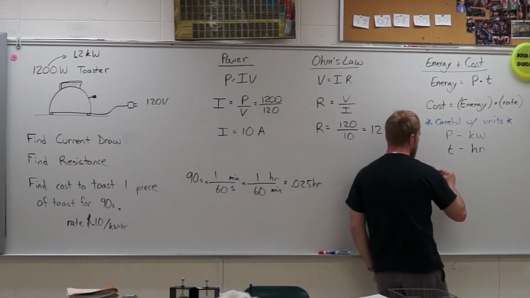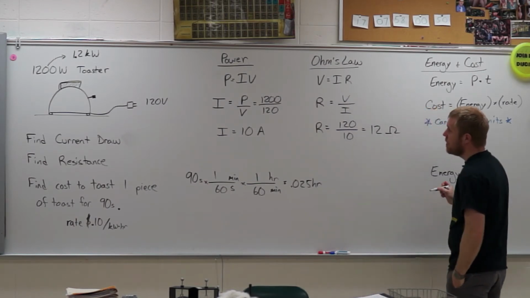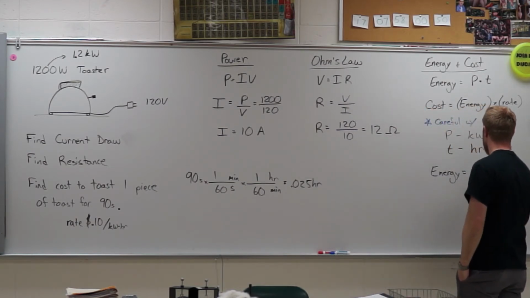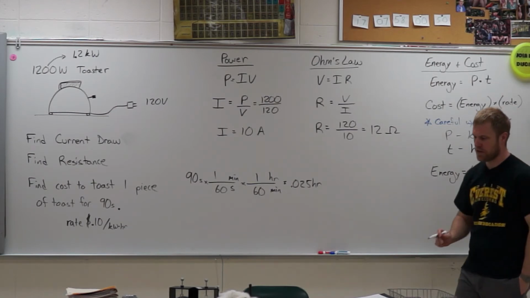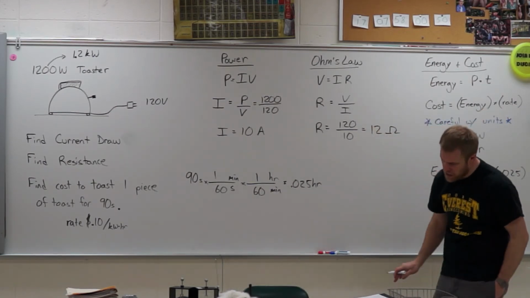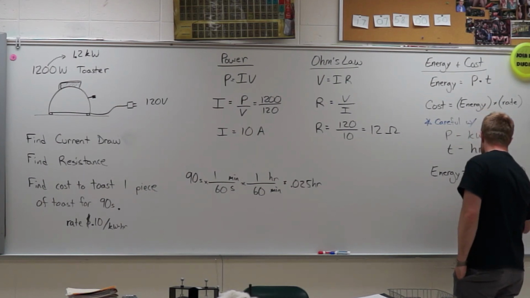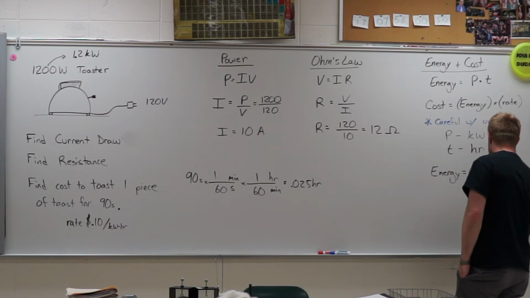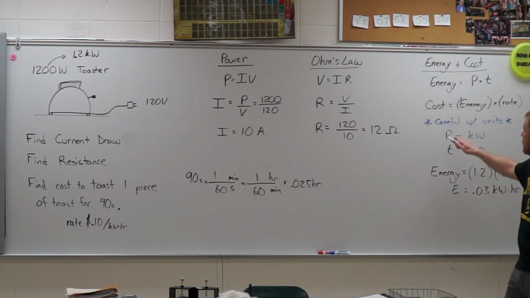So our energy is going to be that 1.2 kilowatts times our 0.025 hours. So we're going to end up with 0.03 kilowatt hours worth of energy used. To find the cost, I'm going to take the energy times the rate.